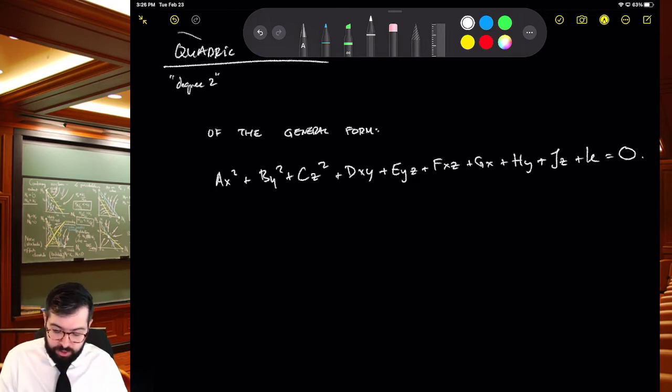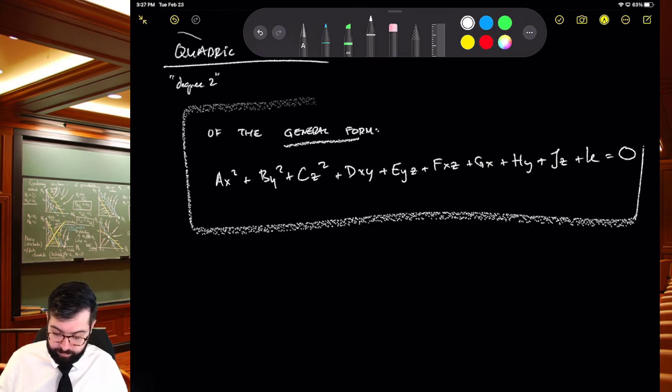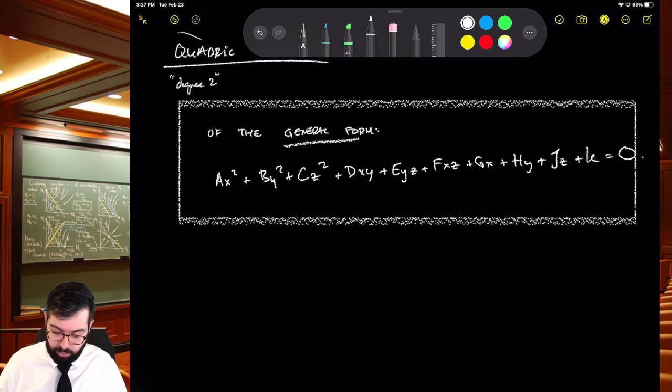So again, this is the general form, which means it's including every possibility, and a lot of those possibilities are when most of these coefficients are 0. So they're not all this intense. But we want to be inclusive of all possibilities.